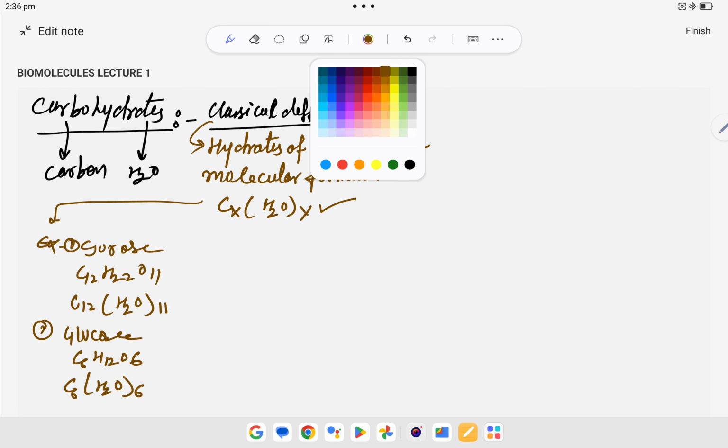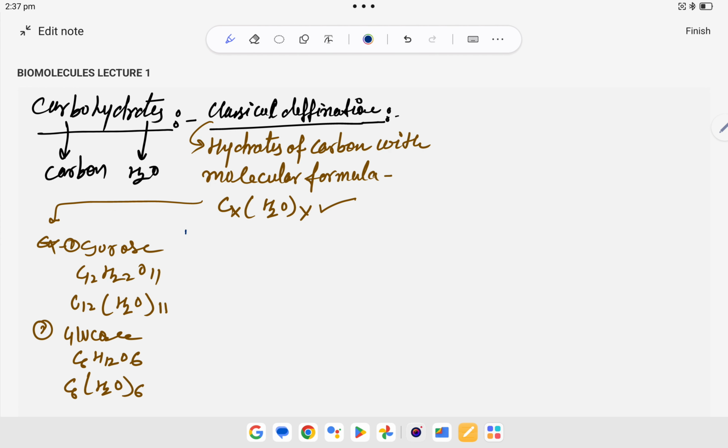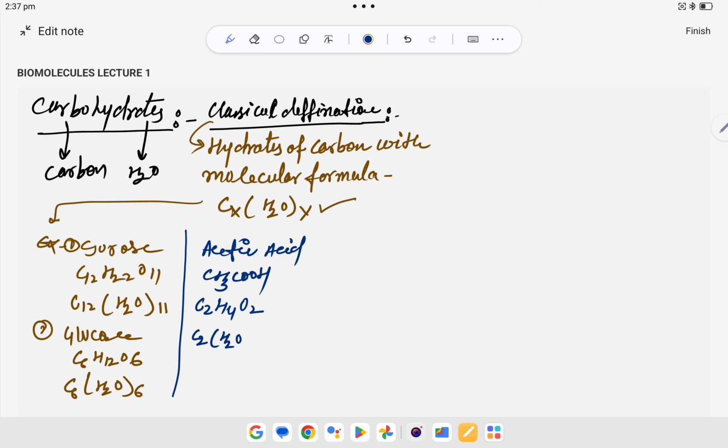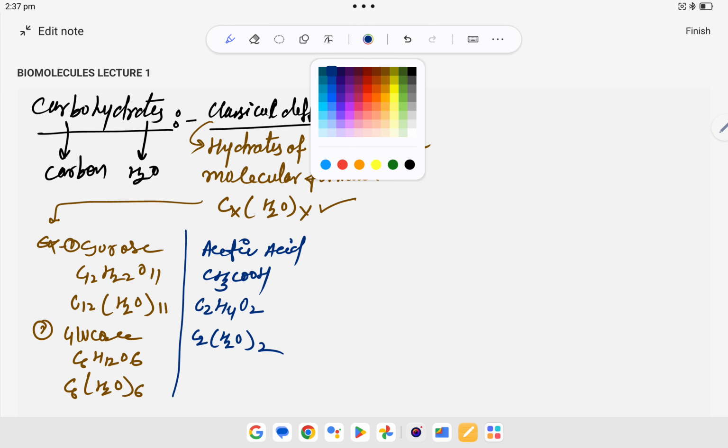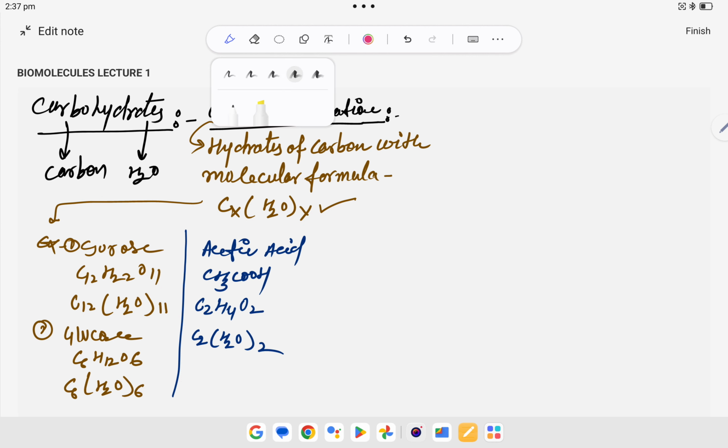But if we have acetic acid, what is the formula of acetic acid, children? CH3COOH. So how can you write it? C2H4O2, C2(H2O)2. So this formula is also satisfying this formula.